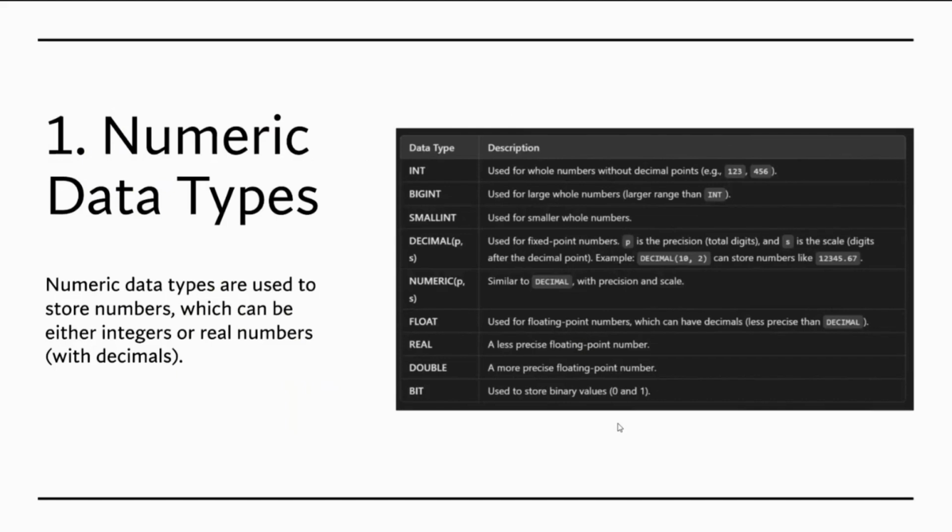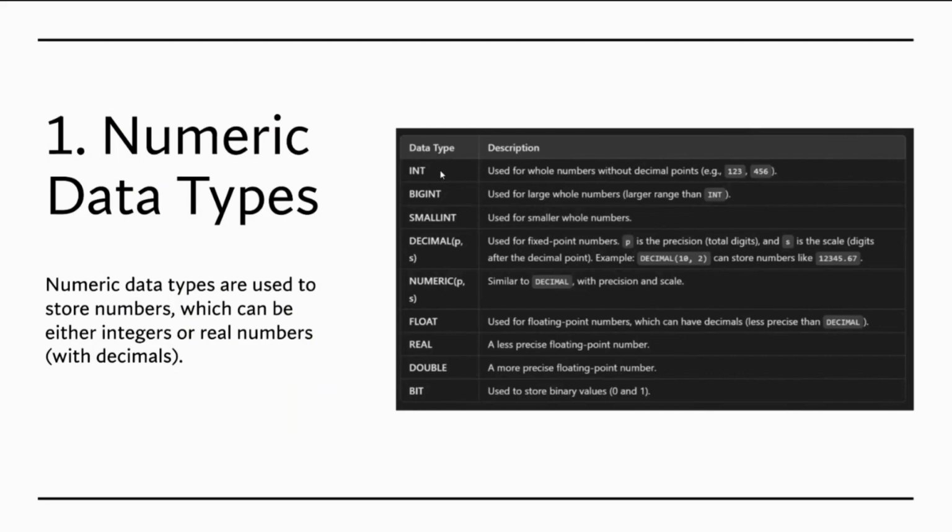If you see, there is a numeric data type first. In numeric, there is a decimal point, right? So you can give it in the numeric only. These all will come: int, bigint, smallint, decimal, numeric, float, real, double, bit.